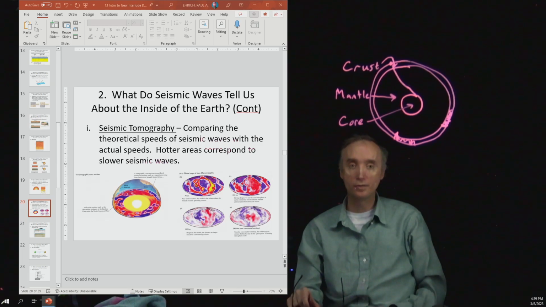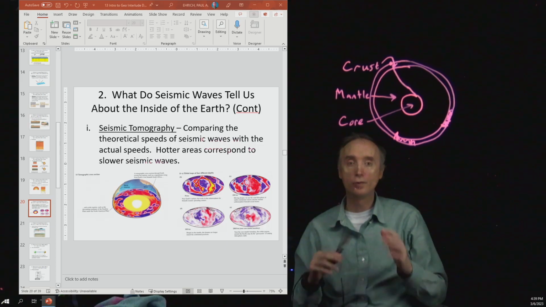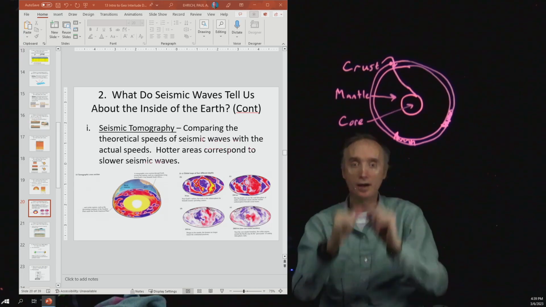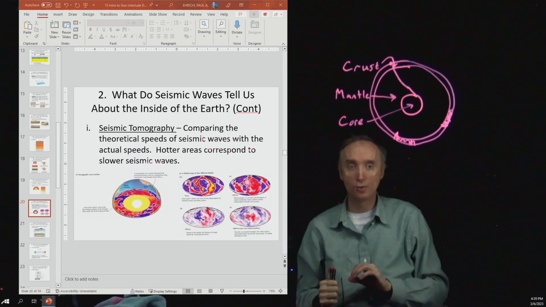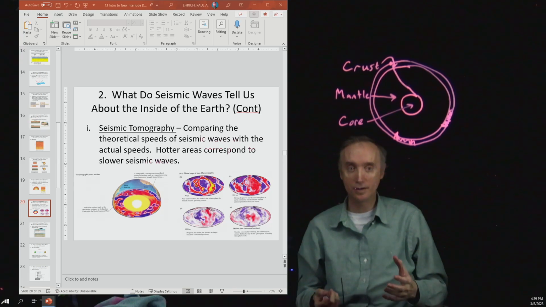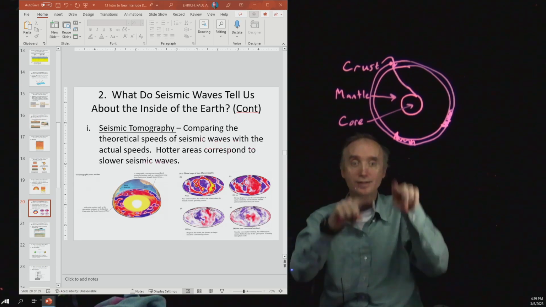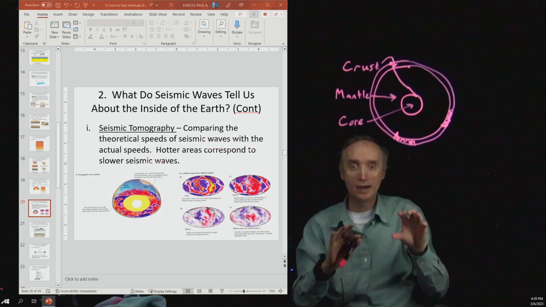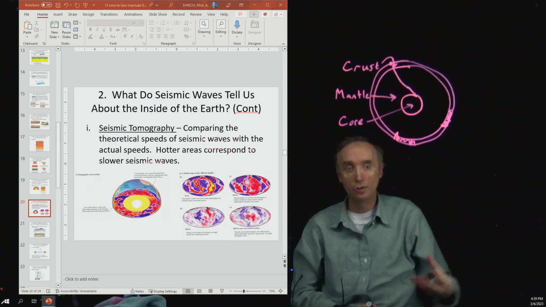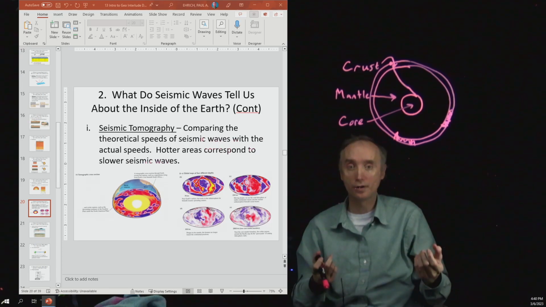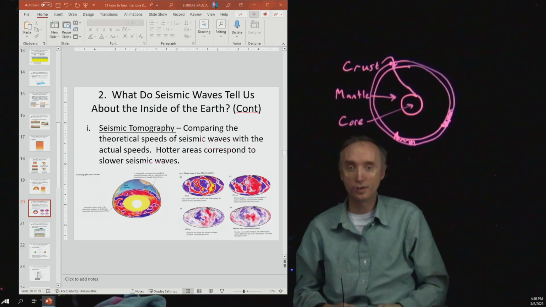And so this is one of the ways that we can see these convection cells coming up from the outer core. So we said that plate tectonics is run by convection cells inside the Earth. And we can actually spot these areas where material is coming up, because it's going to be hotter, and that's going to correspond to a certain speed for seismic waves as they travel through it.